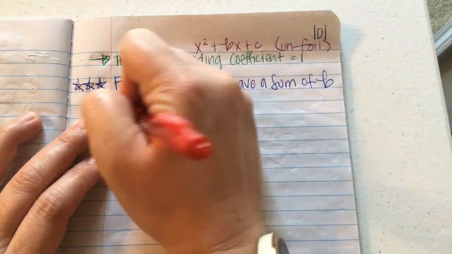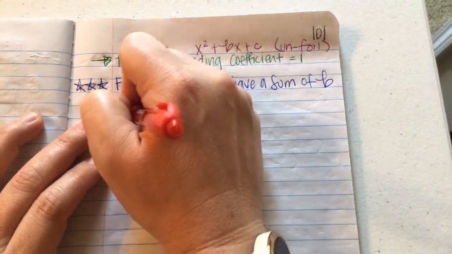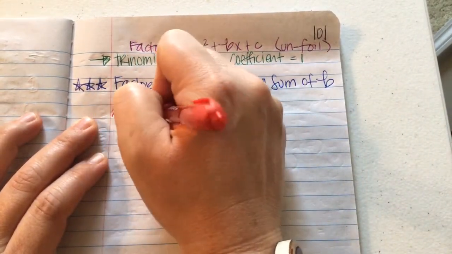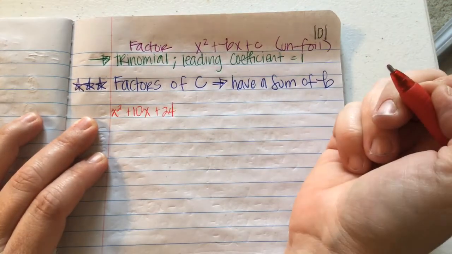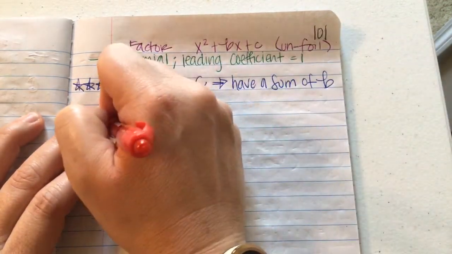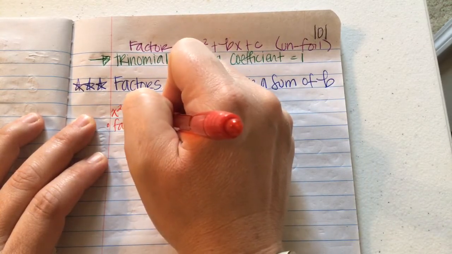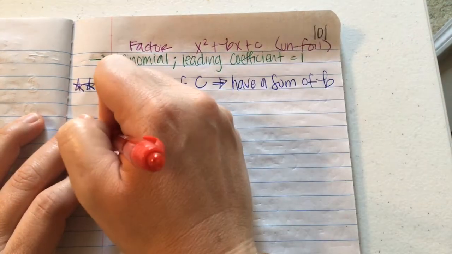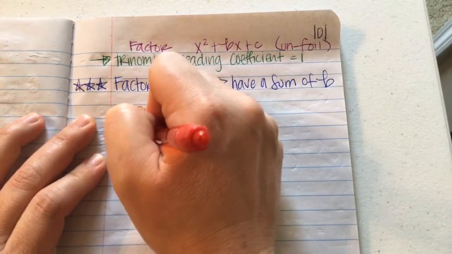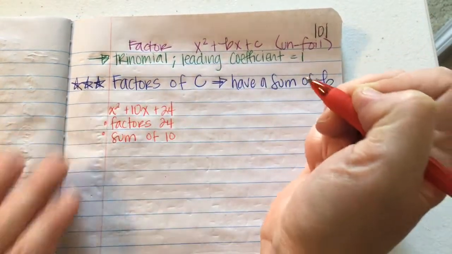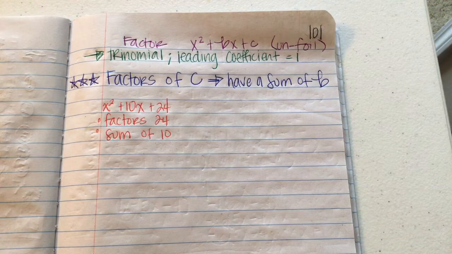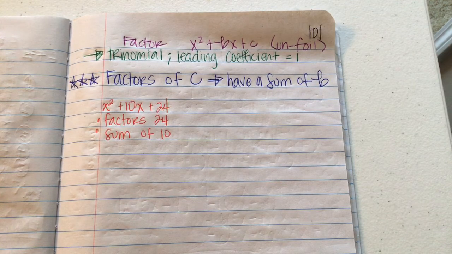If I have the trinomial x squared plus 10x plus 24, I want factors of 24 that have a sum of 10. So factors of 24, what times what makes 24, but has a sum of 10.